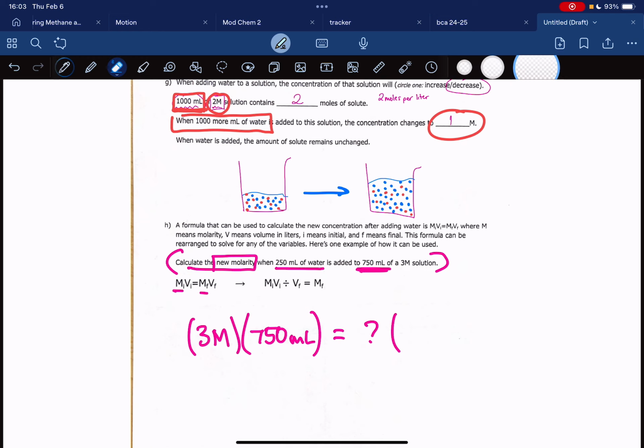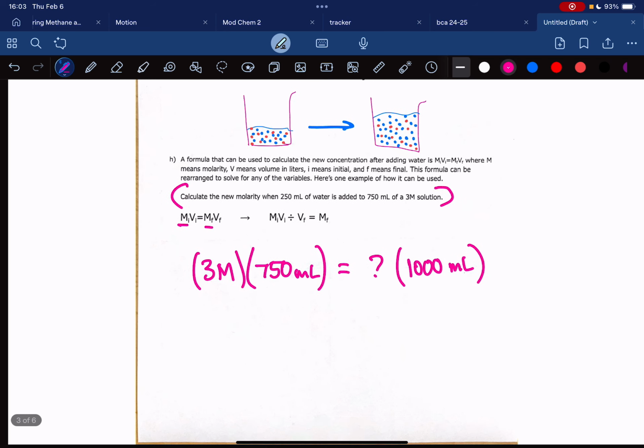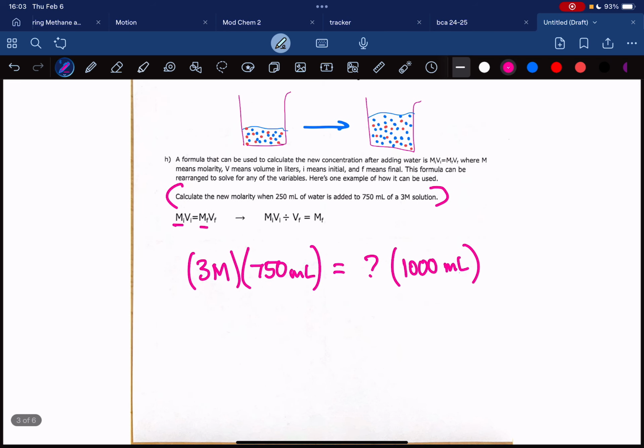Well, what's our final volume? We started with 750 milliliters, and to that we added 250 milliliters of water. So both of those volumes added together, that's 1,000 milliliters. You see? So now how do we solve for that question mark? How do we figure out what MF is? Well, we can just divide both sides by 1,000, yeah?